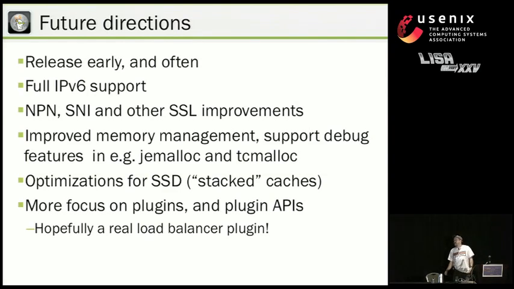We are working on optimizations for SSDs, where today we have a memory cache on top of a disk cache, right? That's all that we have. What we want to do long term is to put SSDs in between here, where you might have, say, 10 terabytes of rotational disk space and 48 gigabytes of RAM cache, and maybe you want to put in 1 terabyte of SSD drives in between. So what's going to happen when we get this done is that objects will get promoted up and down this stack of caches.